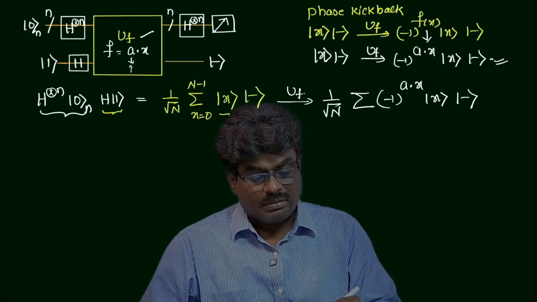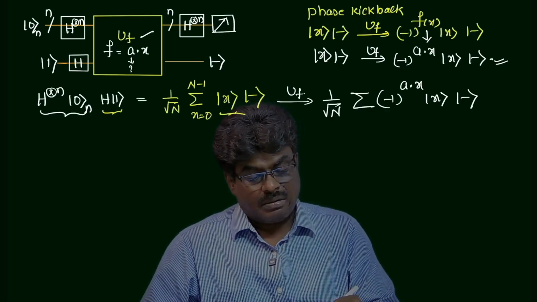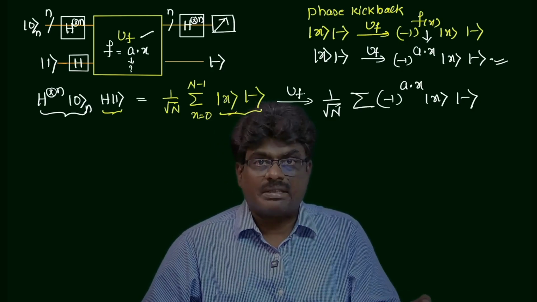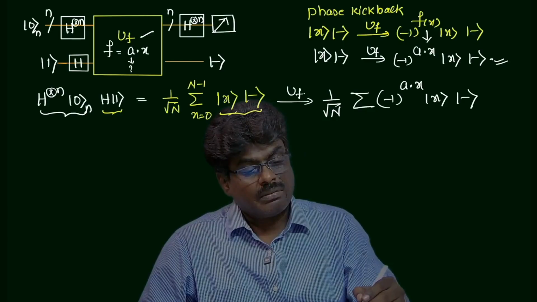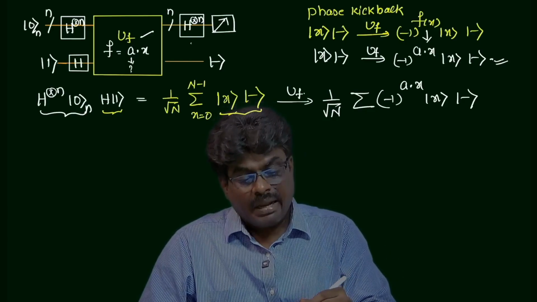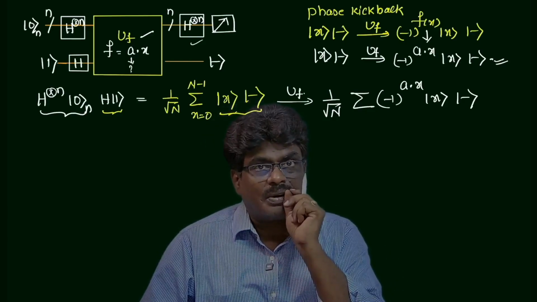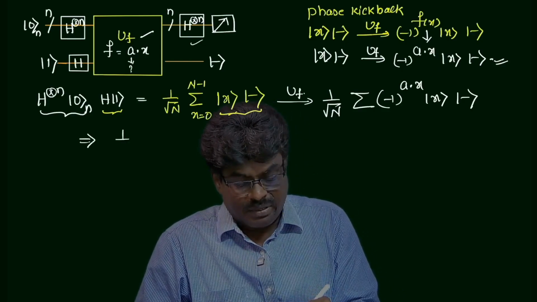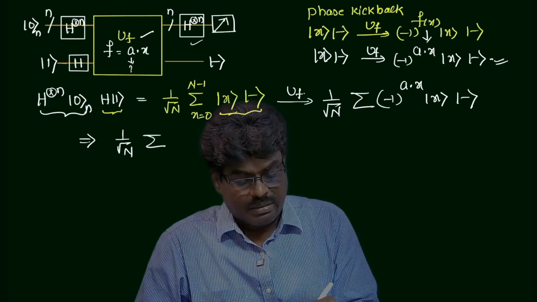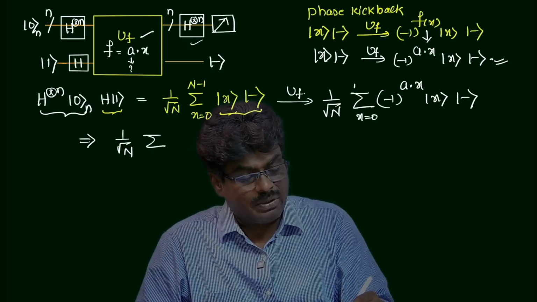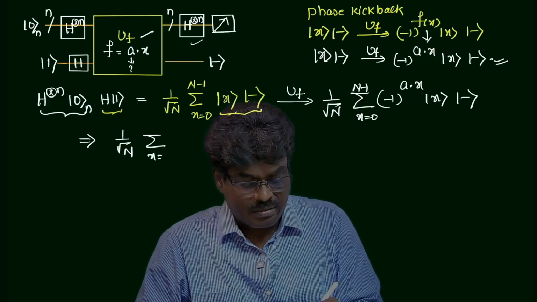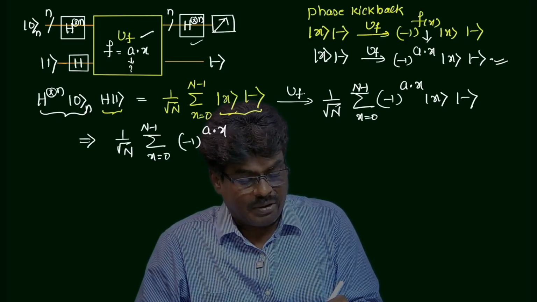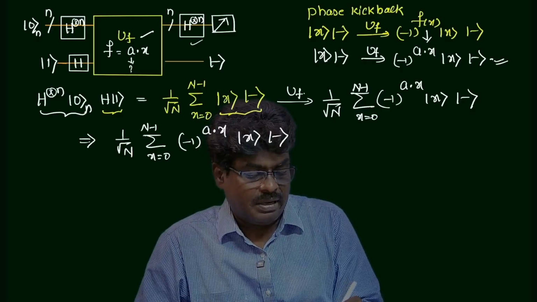Fine. Now we are going to operate the Hadamard operations. This is very important. So finally let me write what we get: 1 over root N summation, x equal to 0 to N minus 1, and this is (-1) to the power a dot x, x and minus.